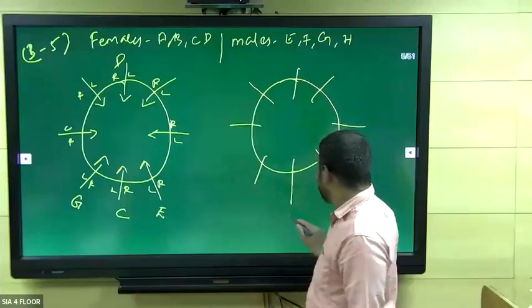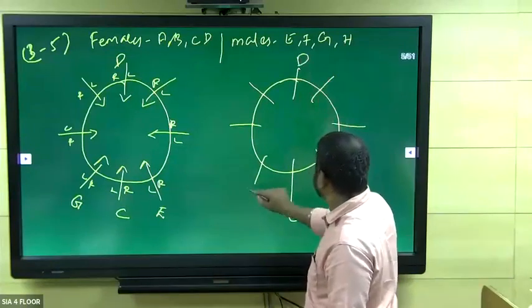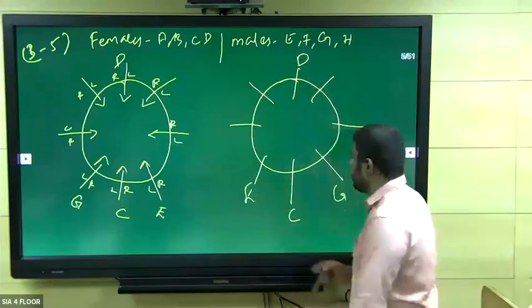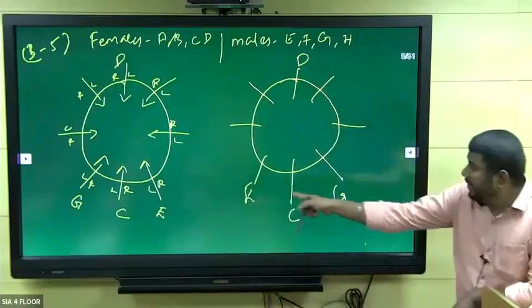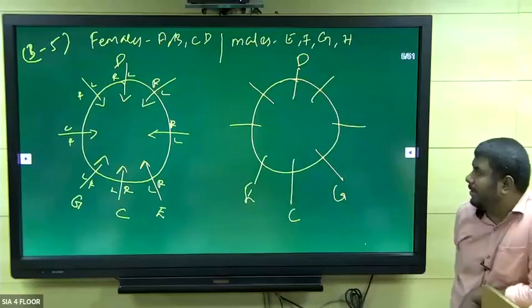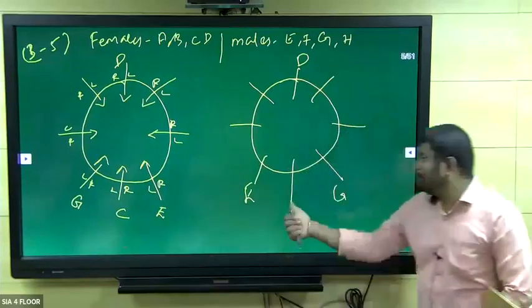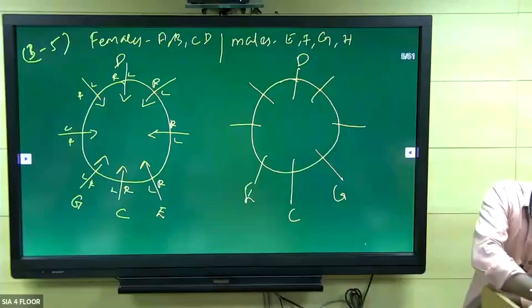Now again draw: C is facing D, sitting between G and E. This is also correct, and we have two possibilities for the given statement. Clear? This is also correct, and this is also correct. Any doubt?